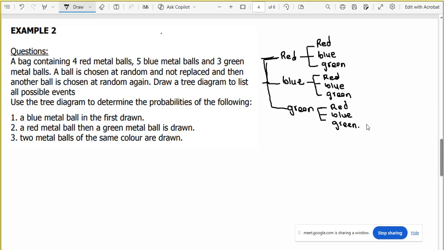I'm going to use R for red, B for blue, and G for green. So the first outcome will be red and red, the second can be red and blue, and the first can be blue. So tell me, what will be the third possible outcome?